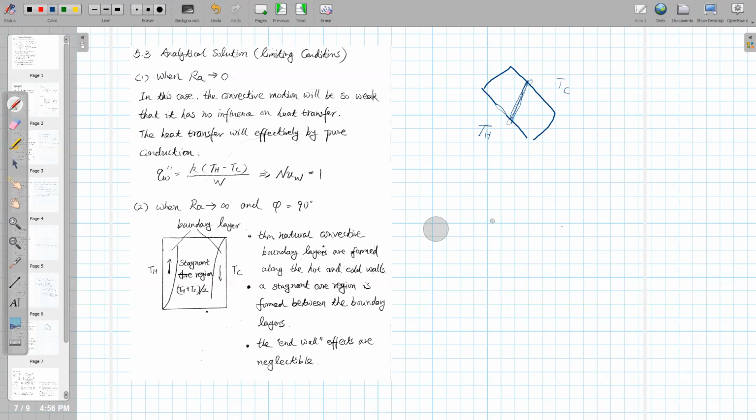So in this case, because the Rayleigh number is large, we can see that TH is a heated vertical plate, and TC is a cooled vertical plate.